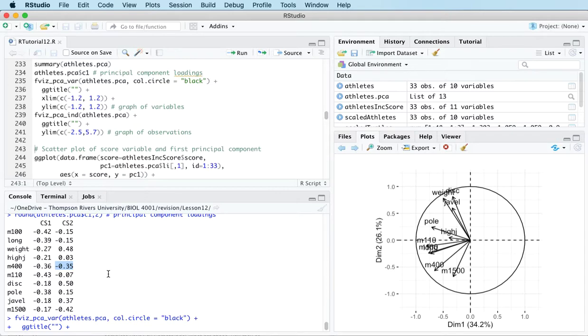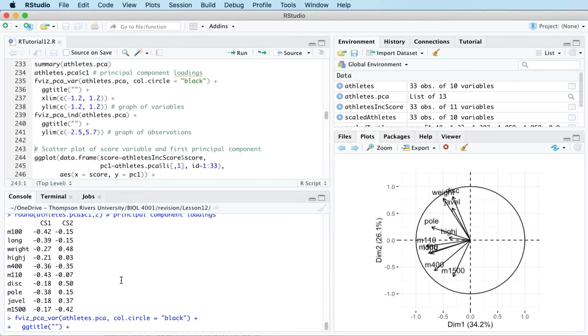So it looks like one way to interpret the second dimension is that it's explaining variation between athletes in terms of the contrast between, on the one hand, how well they do in the throwing events compared with how well they do in the longer distance runs, the 400 meters and the 1500 meters.